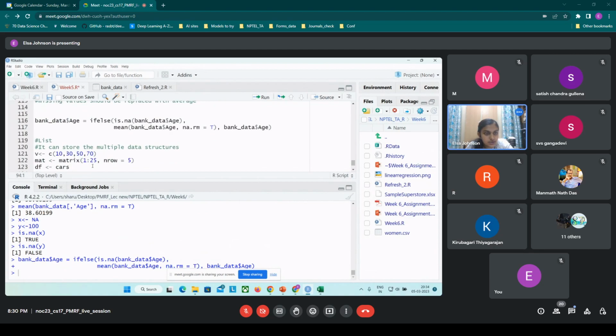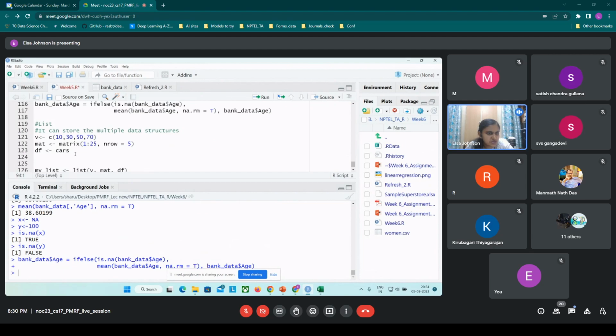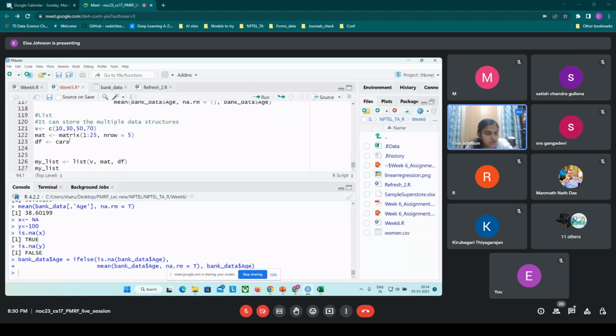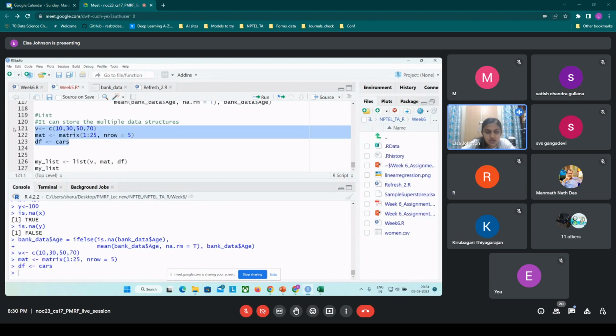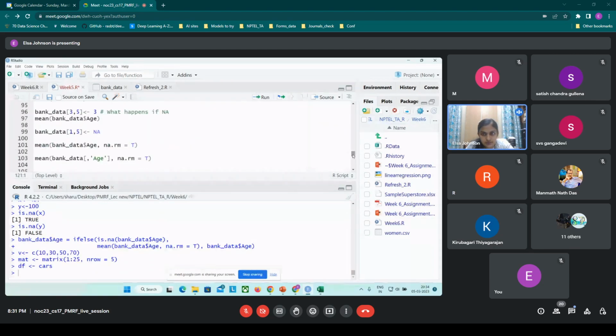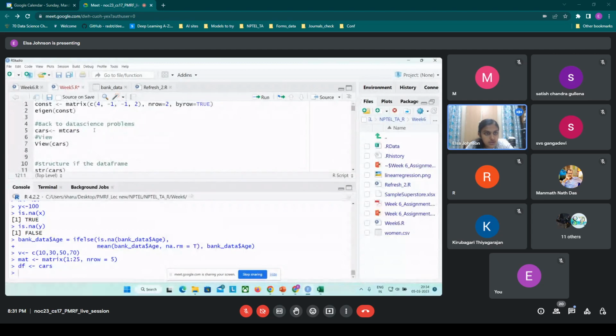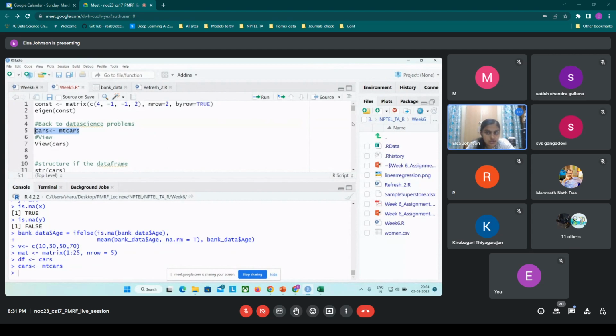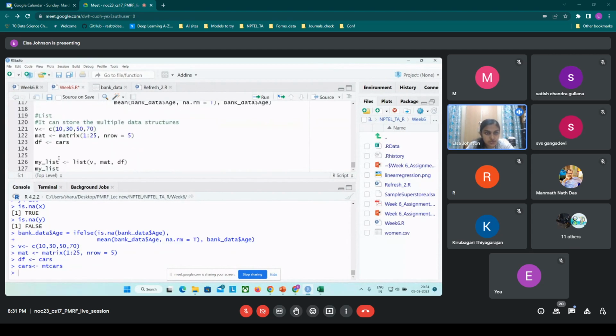And so we have just seen some other list. Earlier, a list can store multiple data structures. So these are different things. If V is given as this, then matrix as this, and DF is the cars data set given. If you run all these, I think I haven't run. Wait a moment. I'll just have to store this to cars, the already given data set present there.